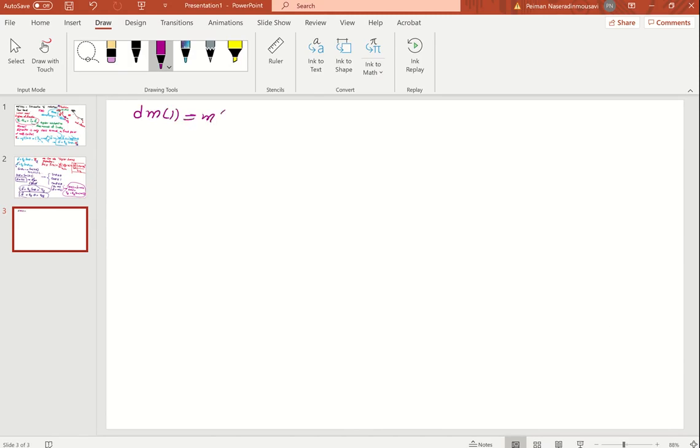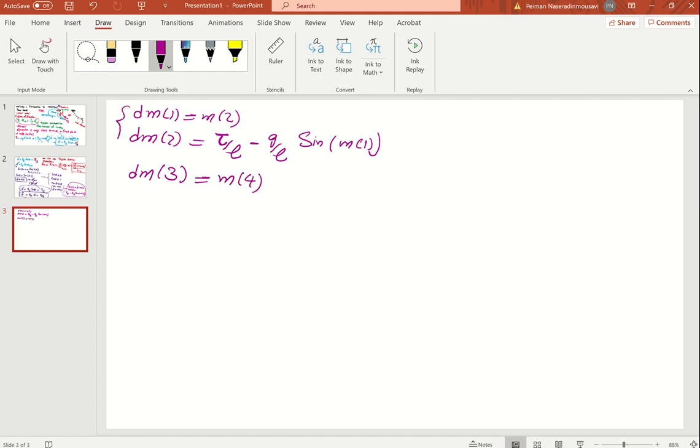dm1 is equal to m2, and the dm2 is equal to tau over L, this is the control torque, that's right, minus G over L sine of M1. And because I'm making for another, I want to make simulation at the same time. dm3 is equal to M4. This is for nonlinear robotic system, nonlinear, and this is for linear.